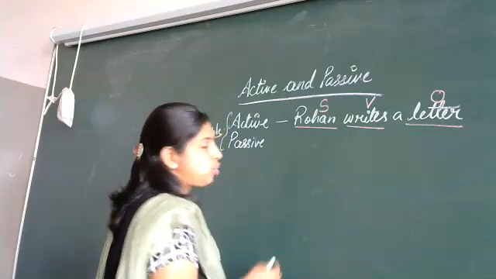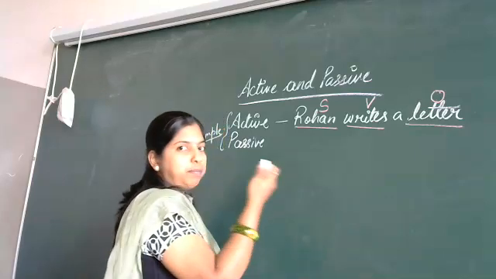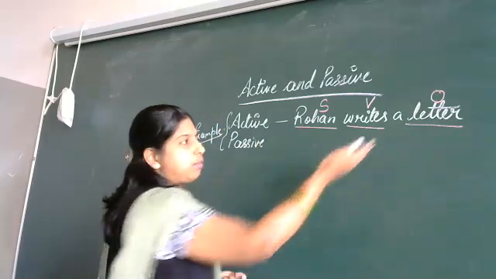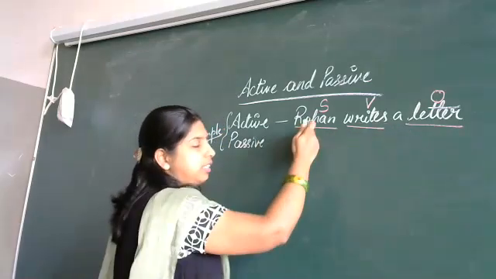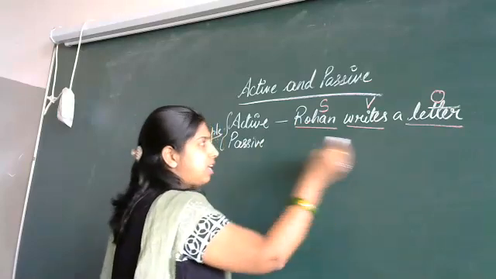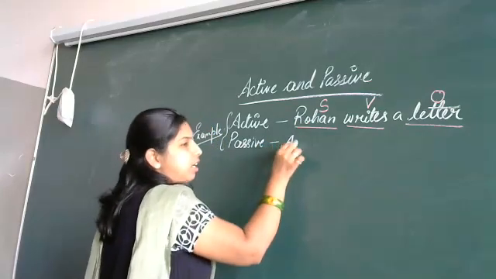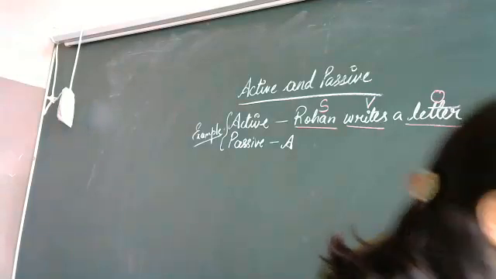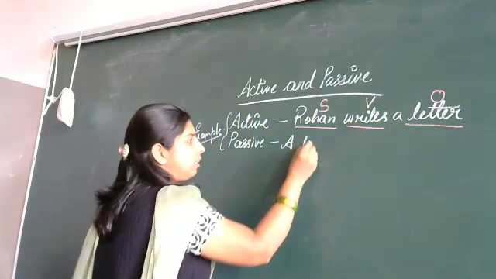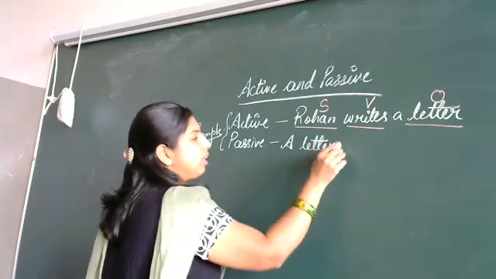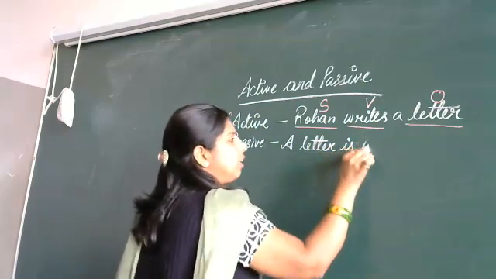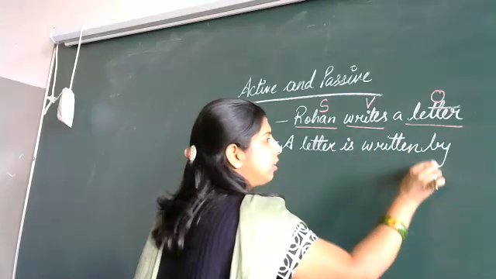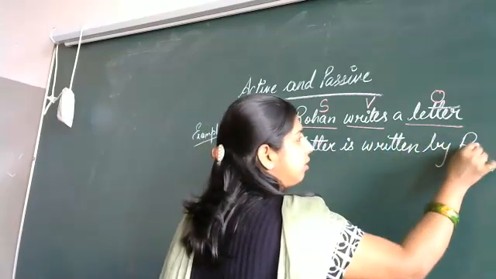The same thing when we change to the passive sentence, what happens? There is a reverse order. The object comes first and then the subject goes last. So here, a letter is written by Rohan.